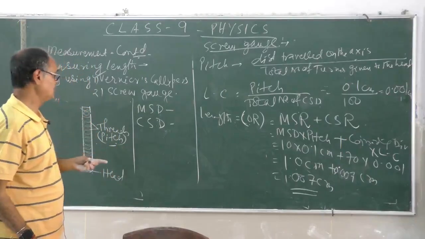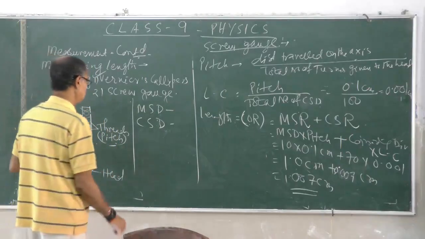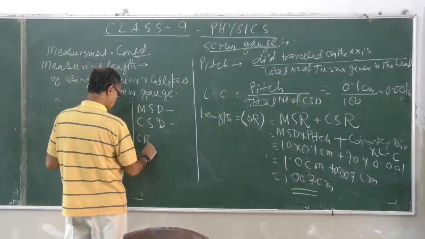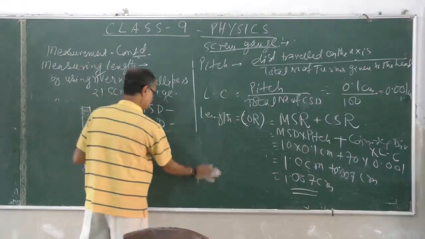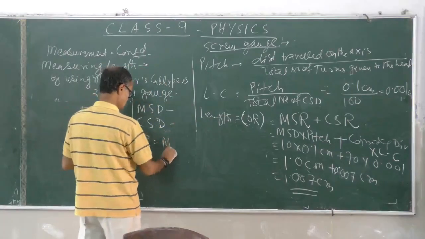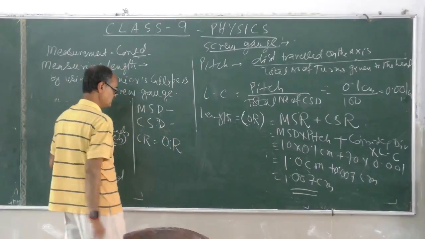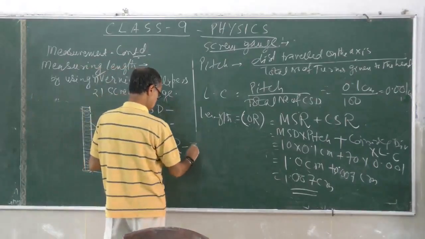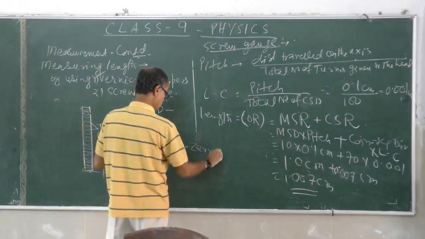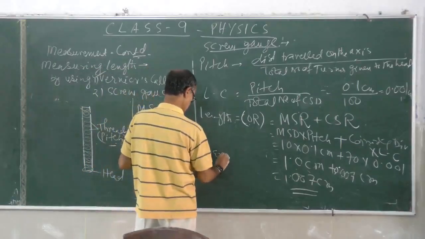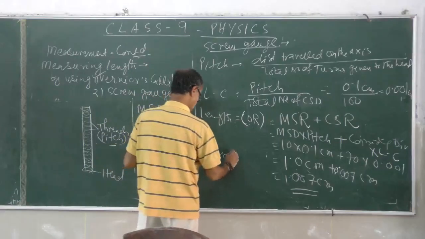And the same formula will be there: the correct reading will be the observed reading minus the zero error value.